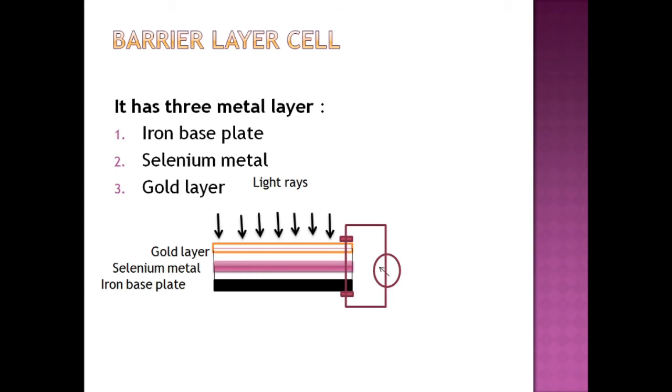These are the incident light rays. The barrier layer cell does not require an external power supply, but when light hits the surface of the barrier layer cell, it itself generates current, and the amount of current generated will be proportional to the light hitting the detector.